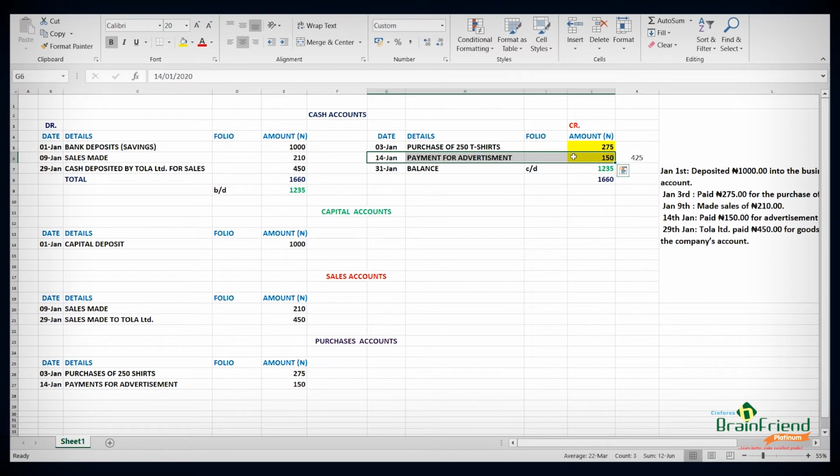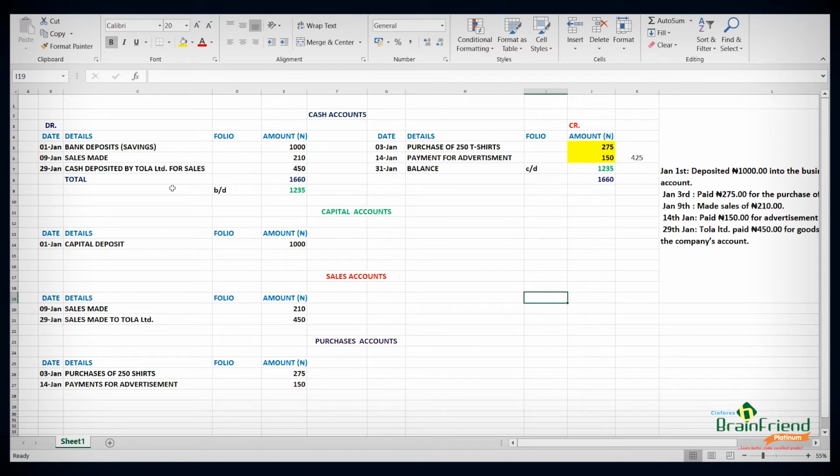And finally, on the 29th, a cash deposit from Tola Limited was paid into the company's account, and the amount paid was 450 naira. Because the money was paid to the account of the firm, it means money came into the firm.